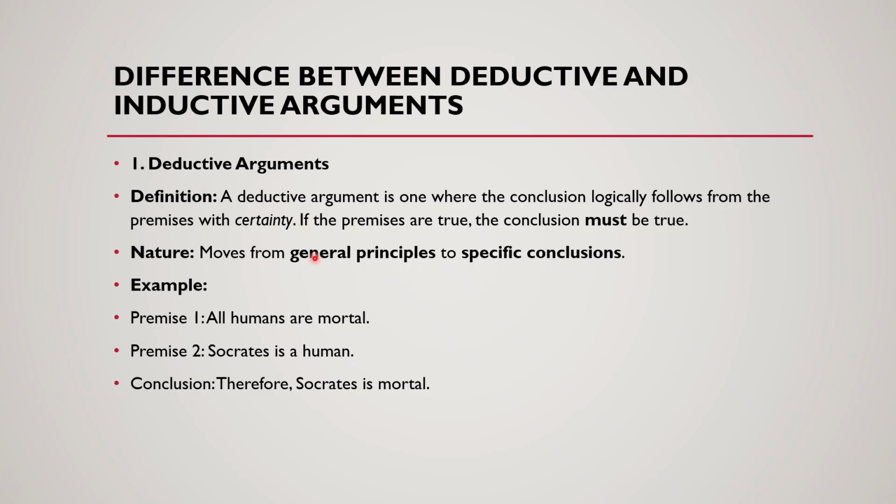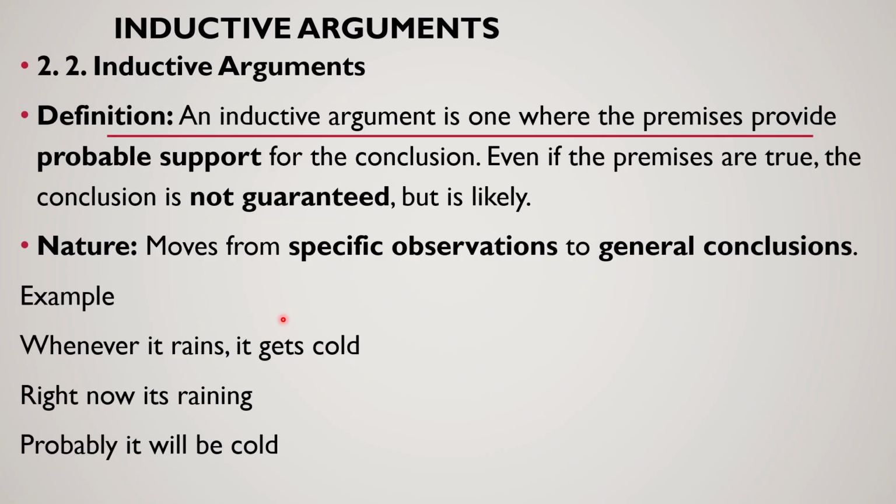The word certainty here is very important. It refers to the truth nature of a deductive argument conclusion that you cannot deny. The conclusion is derived with certainty. On the other hand, inductive arguments are arguments where the premises provide probable support for the conclusion.